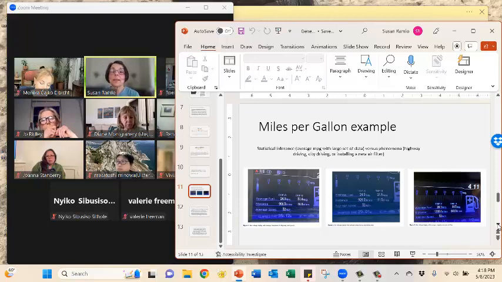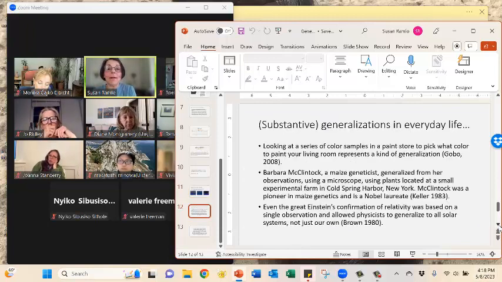And that is the idea in Q and in a lot of qualitative research and mixed research when we're looking at phenomenon. We can still generalize, and we actually generalize to phenomenon all the time. So we could look at color samples in a paint store and make decisions about this will look nice in my living room.